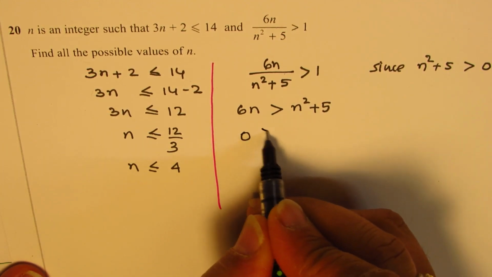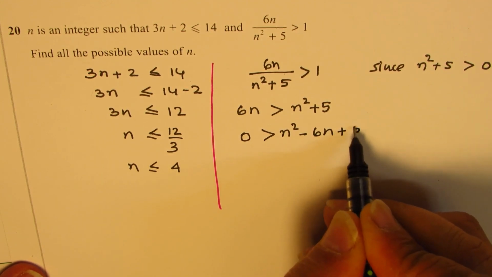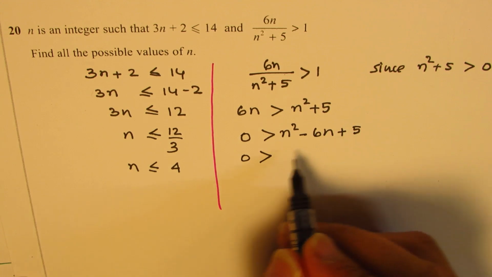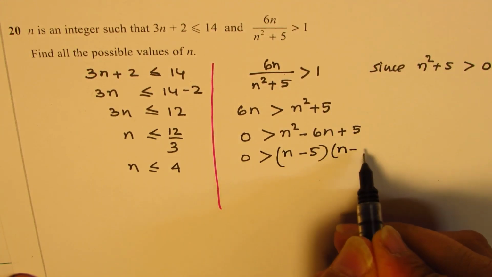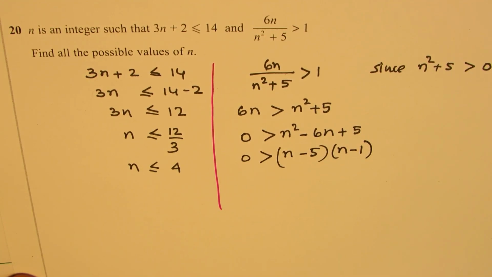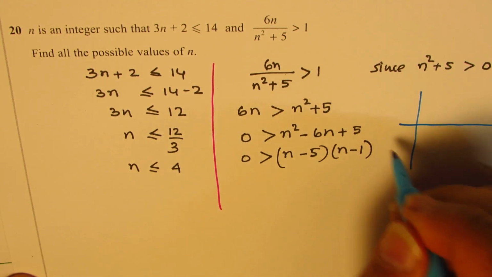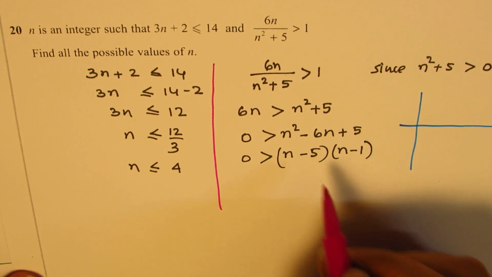Okay, so 0 is greater than n squared minus 6n plus 5. So 0 is greater than, let's factor this, 5 times 1, both negative. We get this as our equation. Now if you sketch this parabola, it is a parabola which is going to open upwards with zeros at 1 and 5, right?